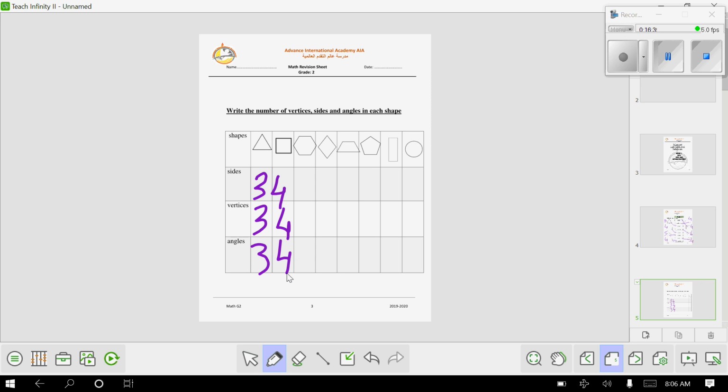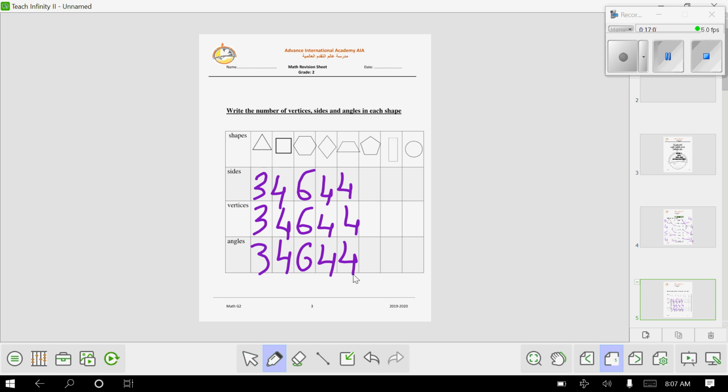This shape, hexagon, perfect. 6 sides, 6 vertices, 6 angles. What about this shape? It's a rhombus. 4 sides, 4 vertices, 4 angles. What about this shape? Yes, trapezoid. 4 sides, 4 vertices, 4 angles.